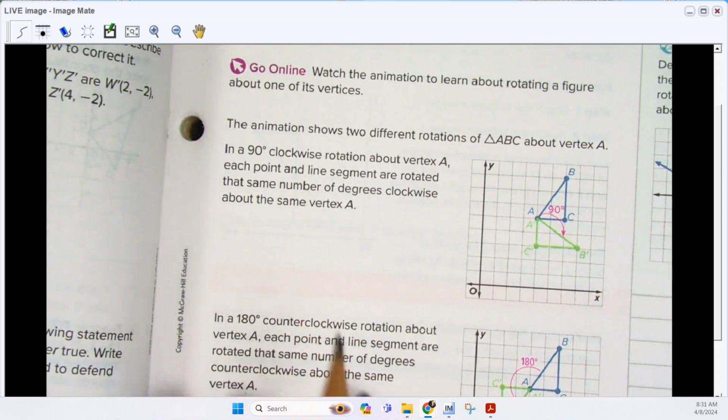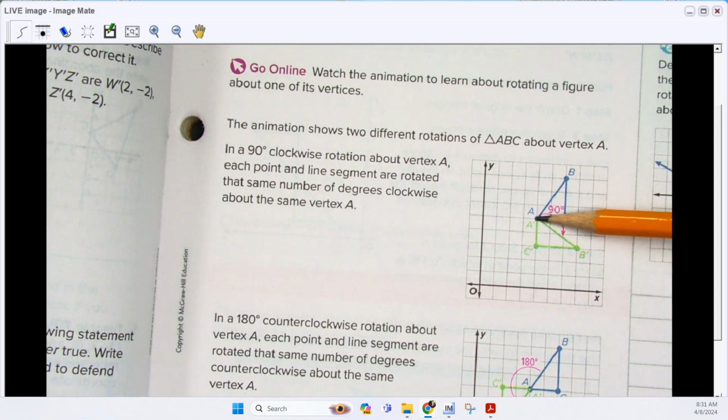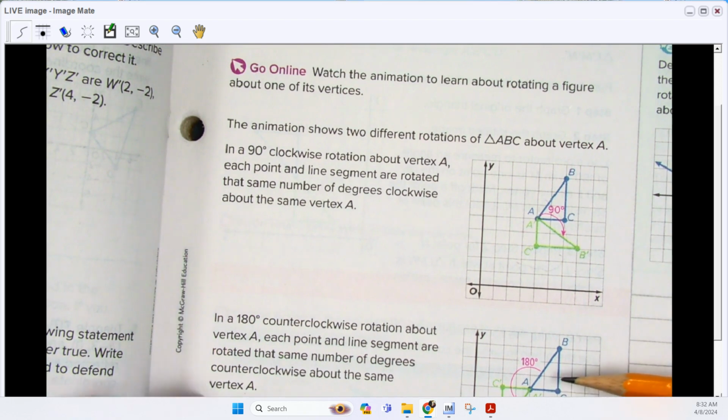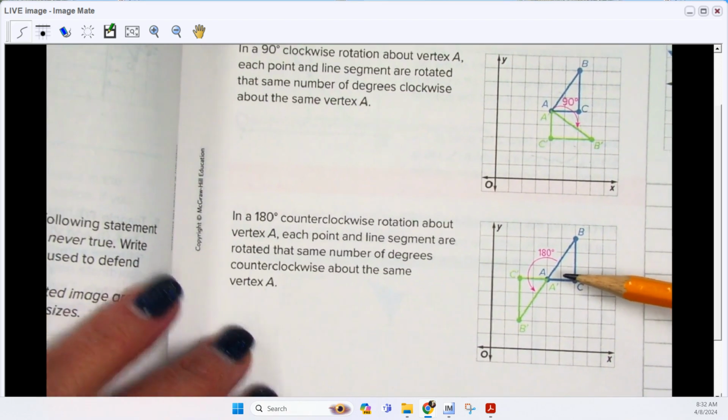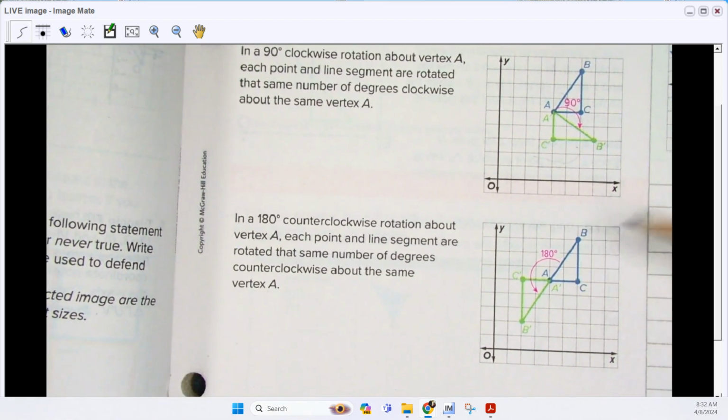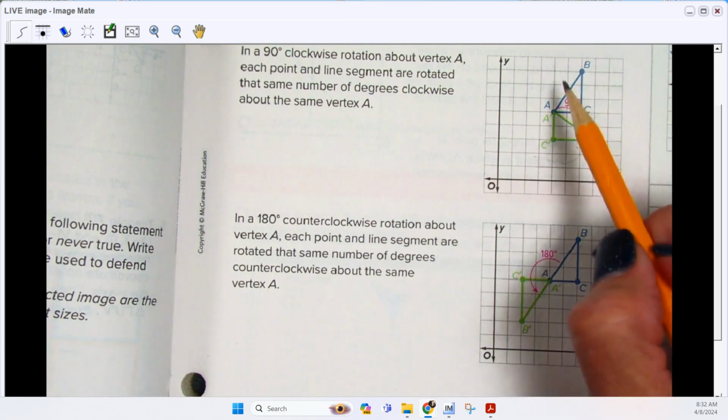Okay, so if I look here, this is point A. It is rotating and it's going 90 degrees in a clockwise position. Here they're doing a 180 degree rotation, which makes a straight line.